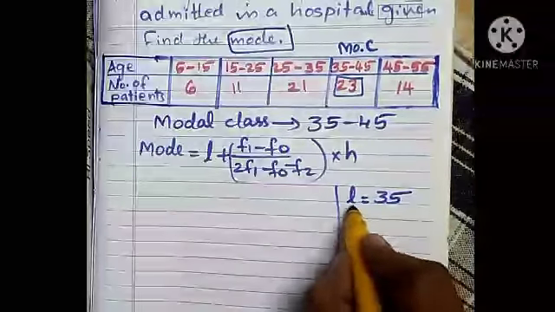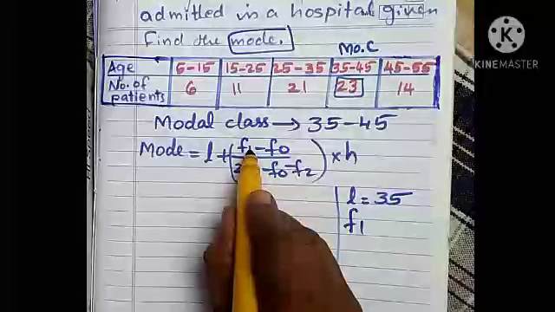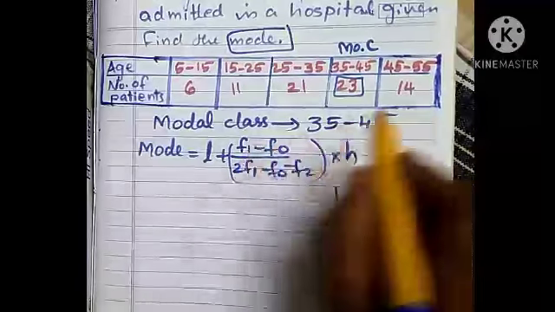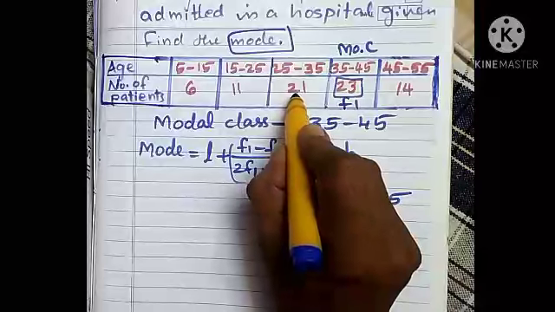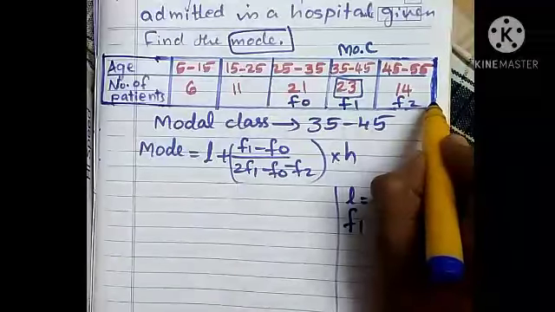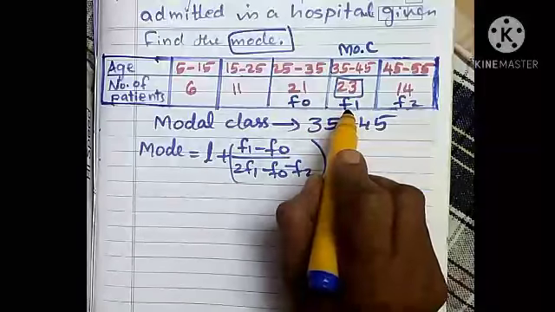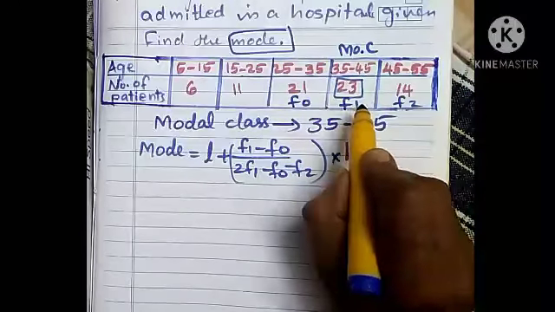Now F1, which is the maximum frequency. Here it is. So it is F1, the preceding class is F0, the succeeding class F2. Understand? F represents frequency. So F1 means the frequency of the model class, the maximum frequency.